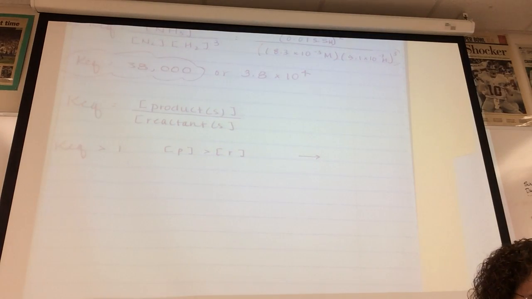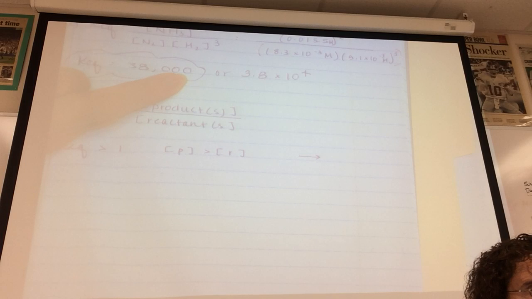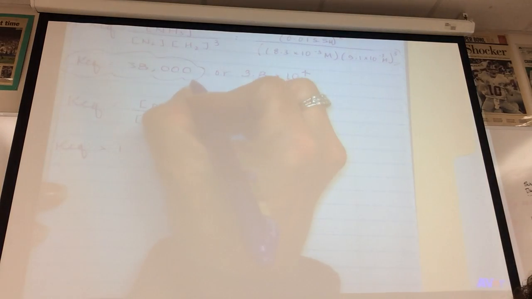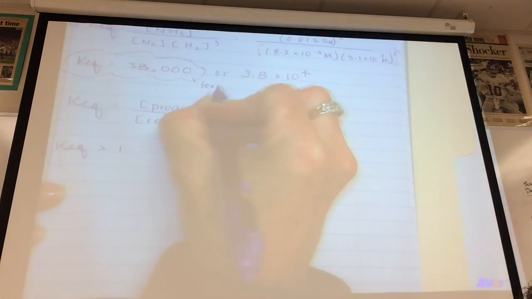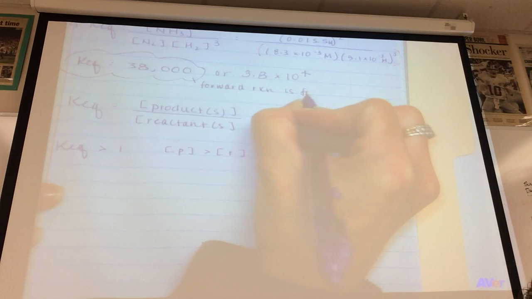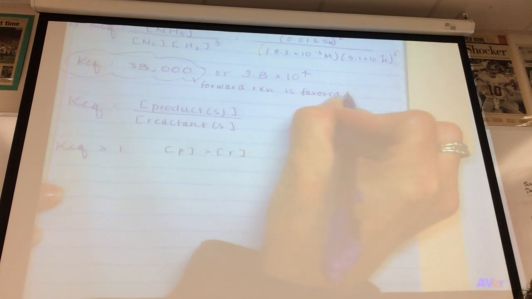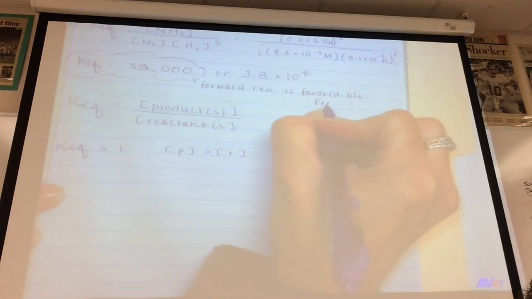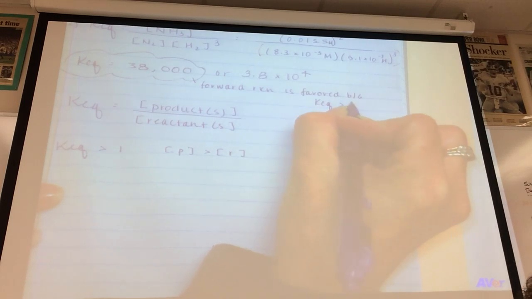If you look at both of the problems we did, KEQ of 38,000, if they ask you which reaction is favored and why, in this case, the forward reaction would be favored because KEQ is greater than 1.